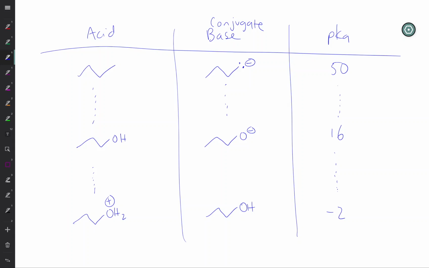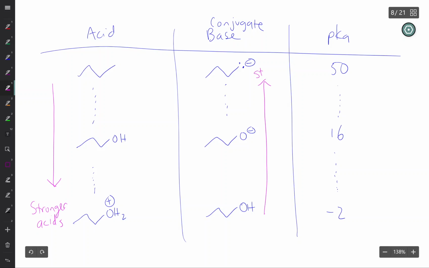As you go down, lower pKa values mean these are stronger acids. So this is increasing acid strength. If you consider the things in that conjugate base column, those will get stronger in reverse, going up. The way we use this list is to decide when reactions are more likely to happen.